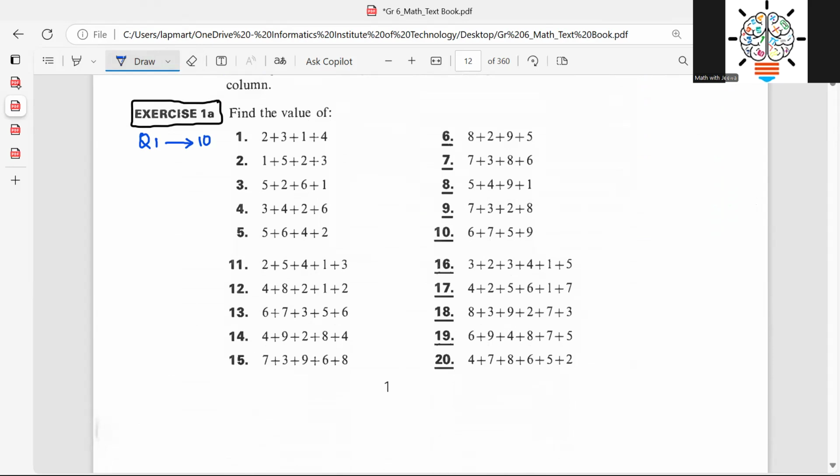So all the questions here are given as a line. If it is a line, from where do we start, children? We start from the left side, right? So exercise 1A. This is the first homework you want to do, question number 1 to 10.